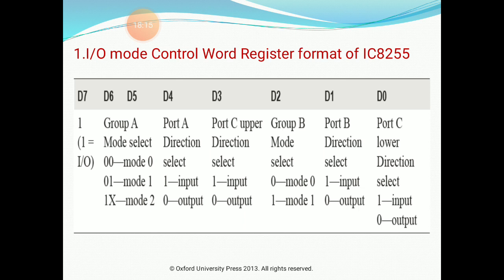So according to the bits being either 0 or 1, the 8255 can operate in IO mode, with mode selection for group A and group B.